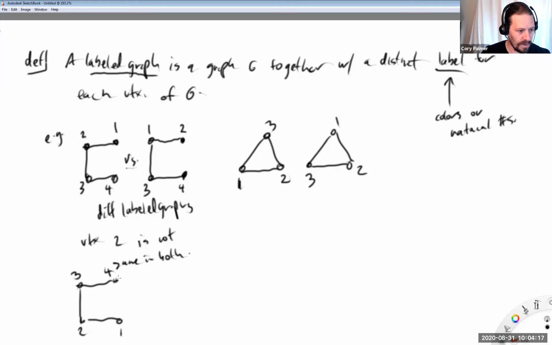But if you look carefully and compare it to this one, these are the same. It has the same adjacencies here as it has here. So determining whether two labeled graphs are identical, you kind of have to brute force; that's the only way for now to determine that they're the same.